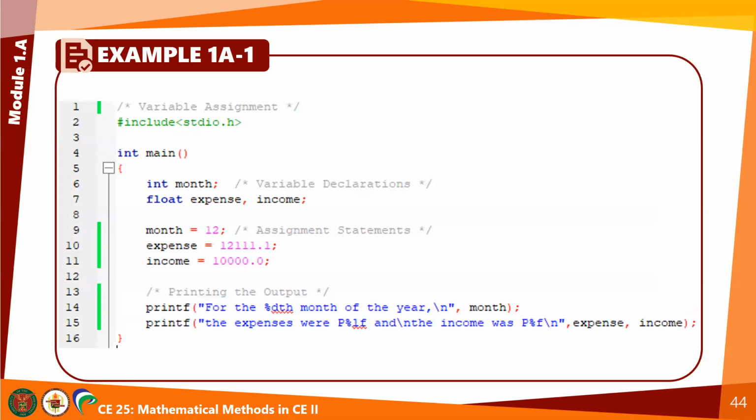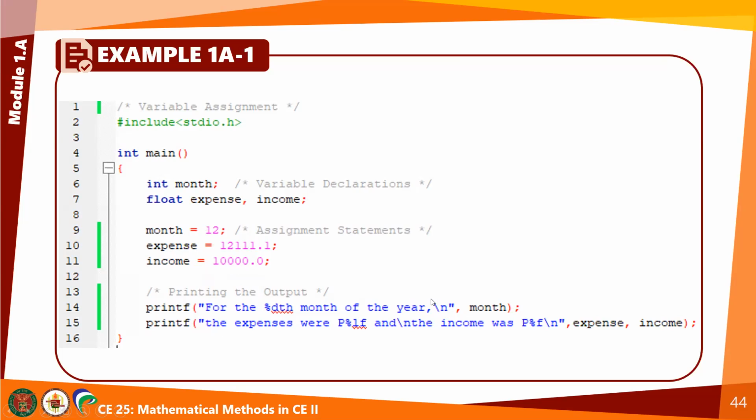Ayan, so sige, let's just see. So declare month, declare float, assign 12 to month, assign 12.111.1 to expense, and assign 10,000.0 to income. Ano to? For the percent D-th month of the year, \n.